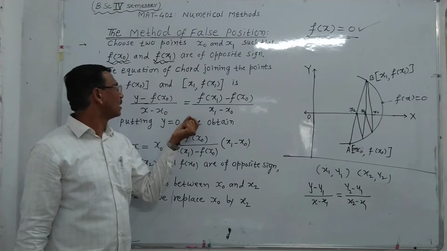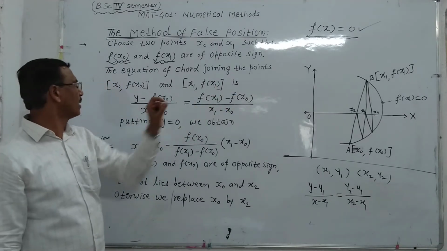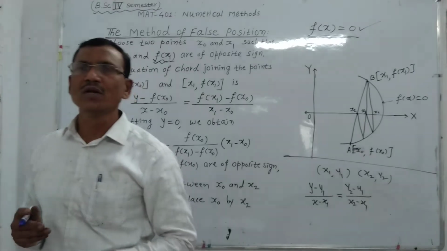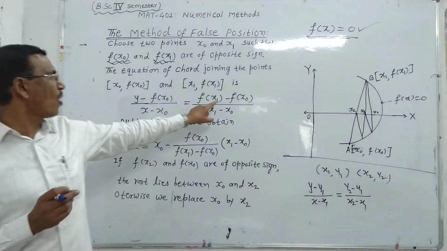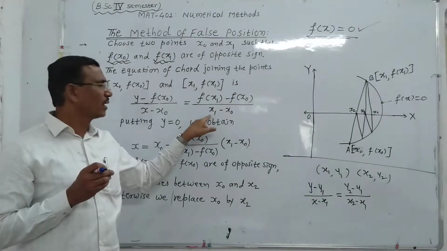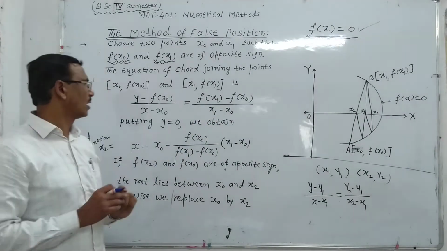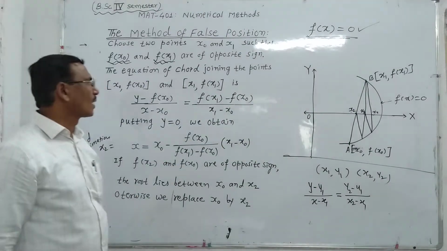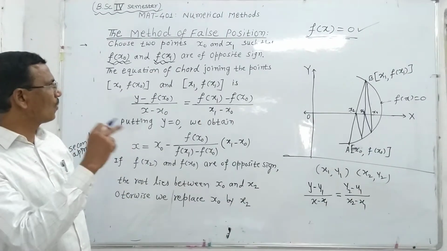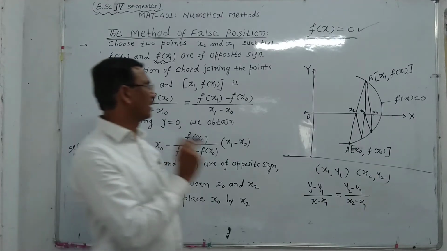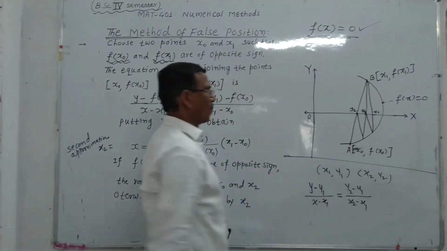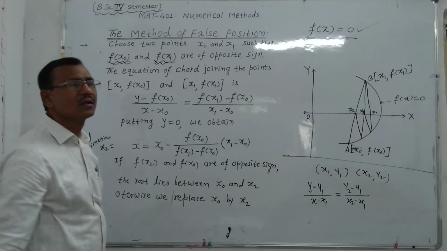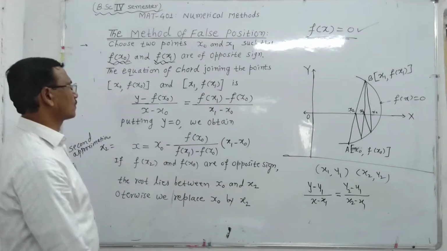That means the equation of chord AB will become (y - f(x0))/(x - x0) = (f(x1) - f(x0))/(x1 - x0). This is the equation of chord AB. Now x2 is the distance of that point from the origin.